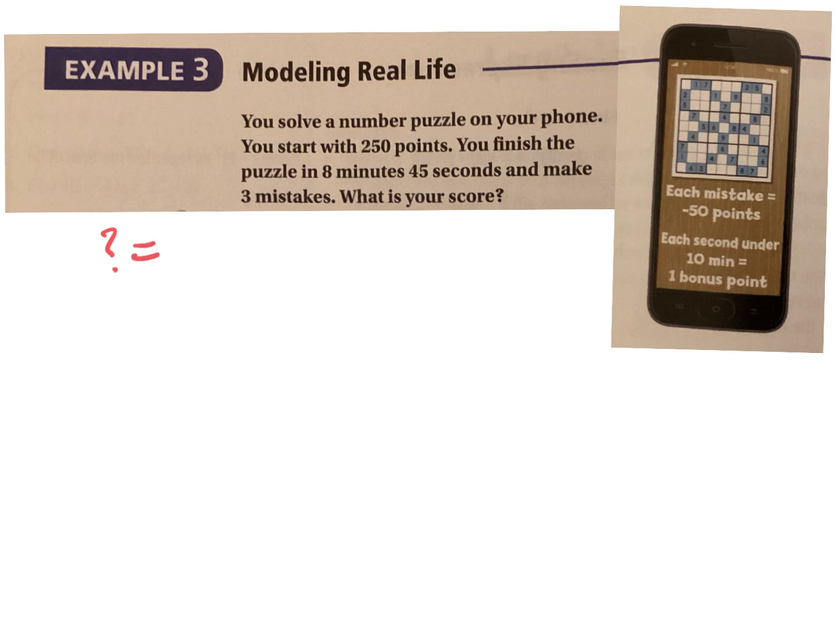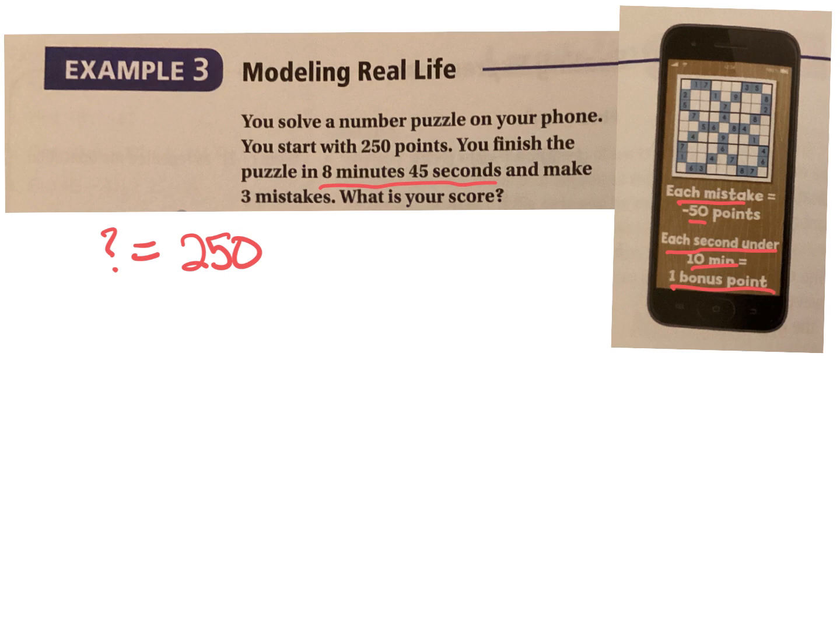The score is going to equal my starting points, which is 250. I finish it in 8 minutes and 45 seconds. Now, what does that mean? This one says each mistake is negative 50, but each second under 10 minutes is 1 bonus point.